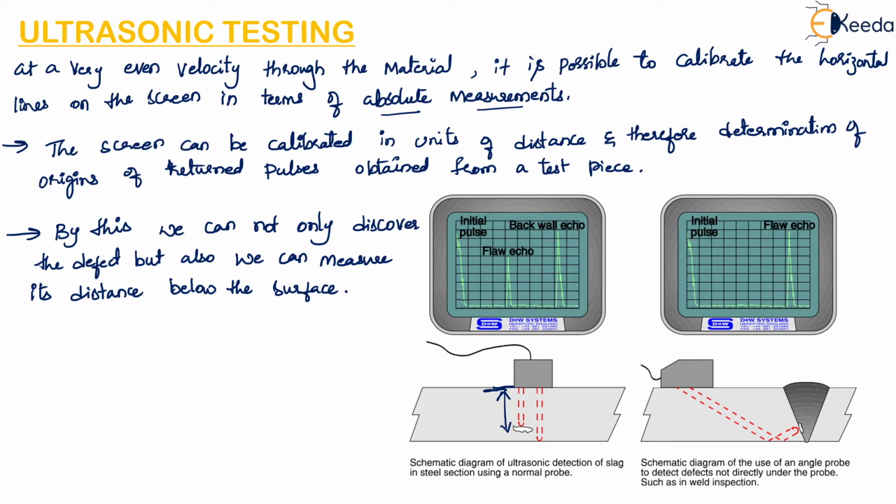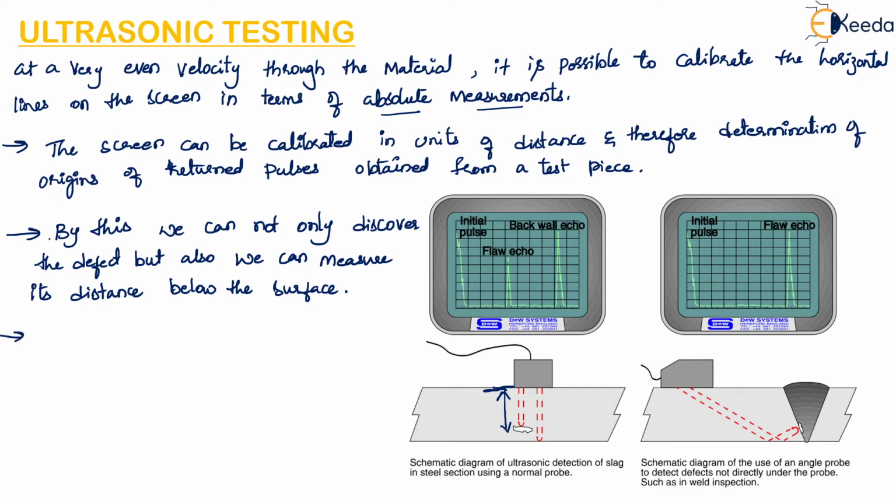So this instrument will just give us the peaks. So the person who is operating or using this method must be able to understand what the peaks, or the origin of the peaks, are indicating.